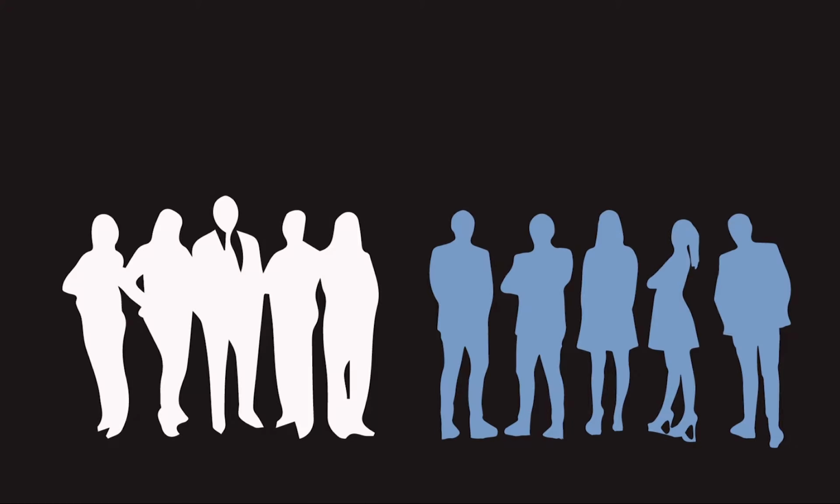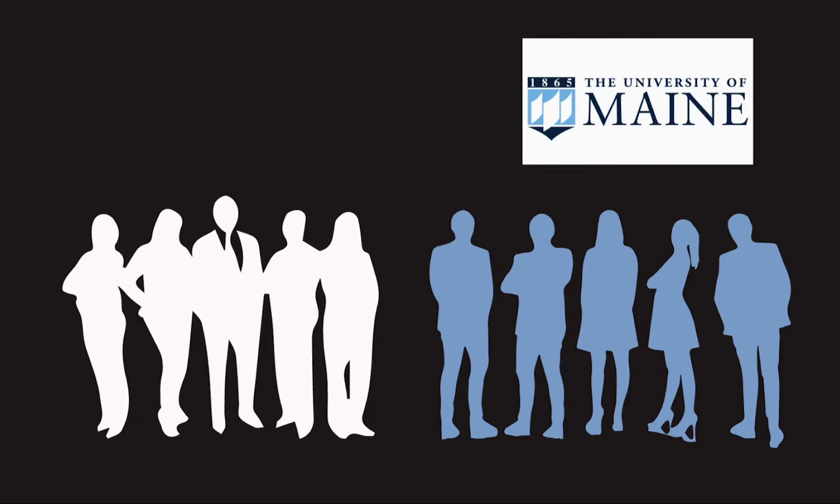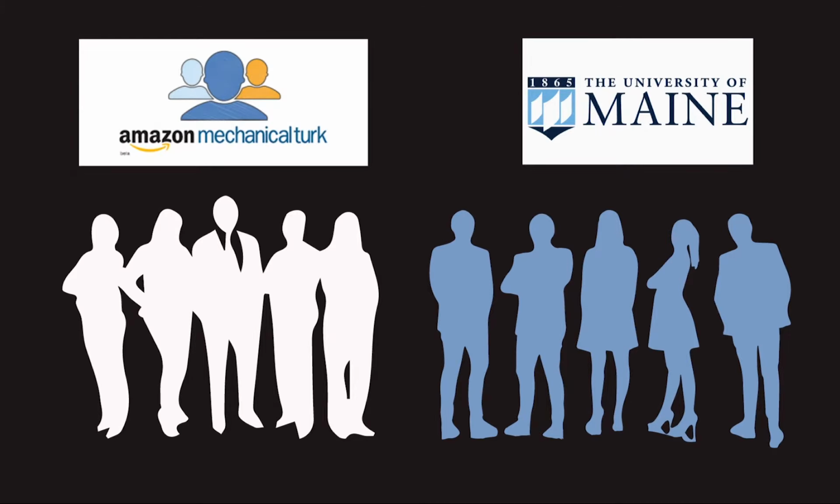The researchers recruited 90 participants ages 20 to 65. One group consisted of undergraduate students from the University of Maine. Another group participated remotely through an online testing environment, Amazon Mechanical Turk, AMT.